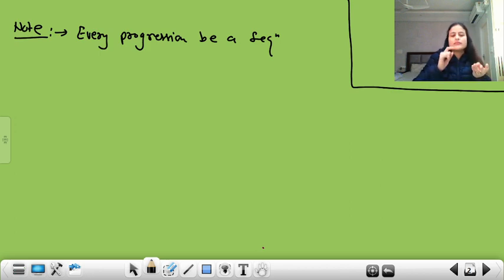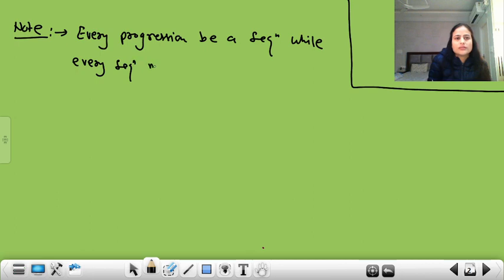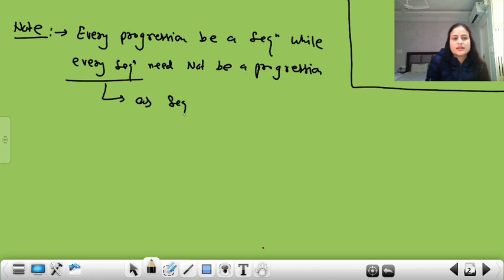So every progression is a sequence, while every sequence need not be a progression, as a sequence can be based on a logical rule.